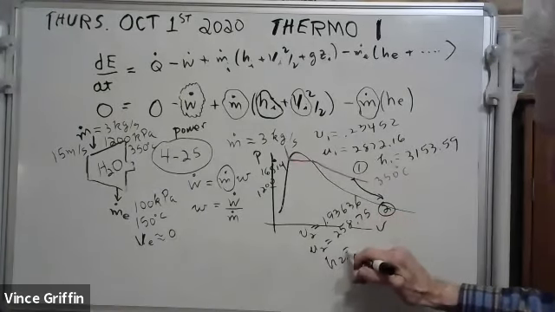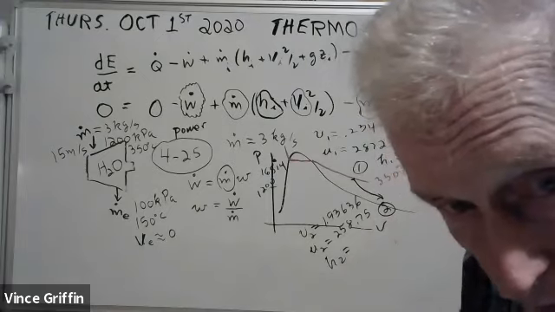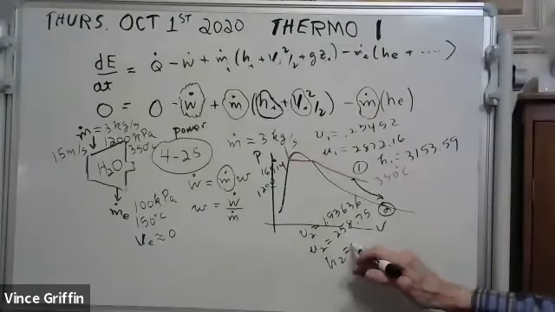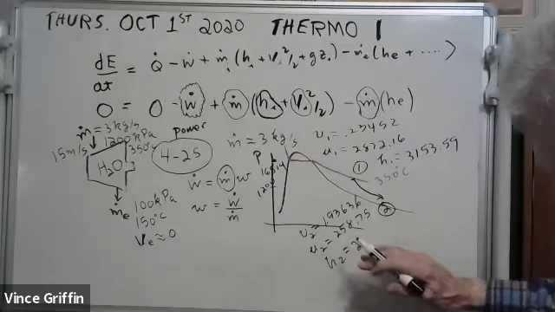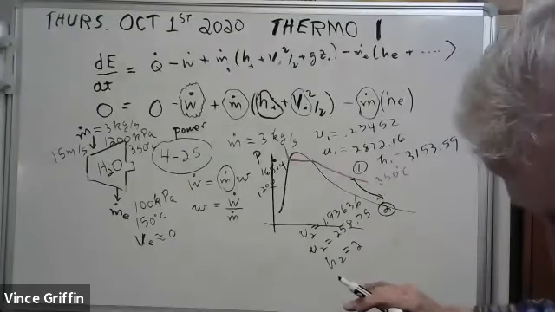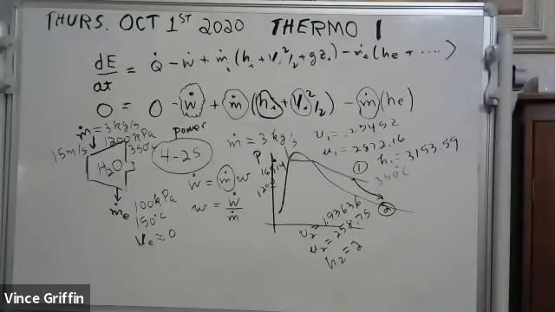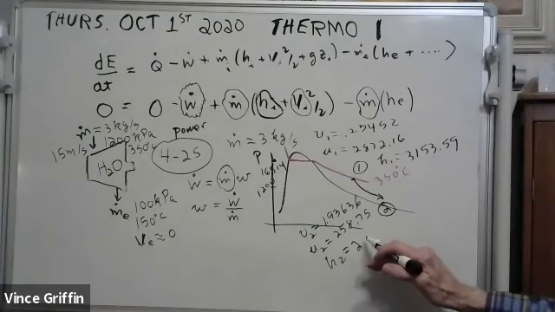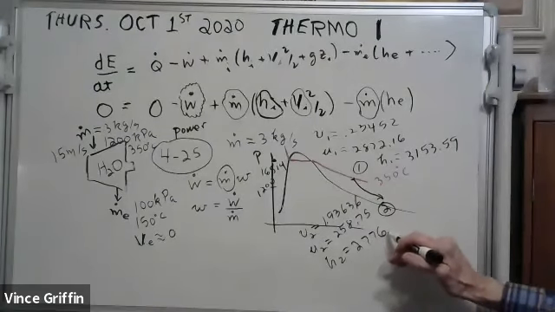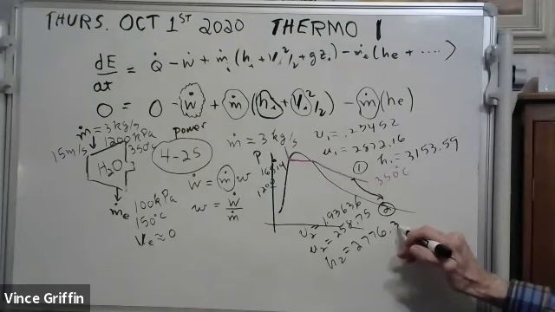Little h2, is that showing up? Yeah, it's showing up. Little h2 is 2776.38.